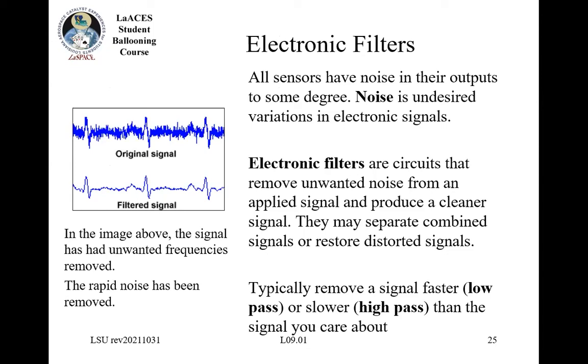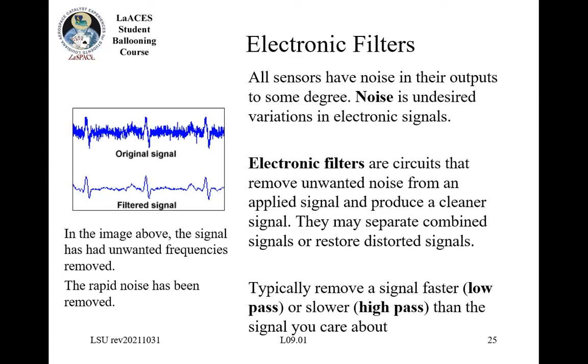So besides amplification, the next most common signal conditioning you do is filtering. Pretty much any electrical signal is going to have noise, and what really matters is whether the noise is large compared to the signal you're interested in. If I'm looking at a 0 to 5 volt digital signal, the noise is going to be tens of millivolts, so I really don't need to care about it.